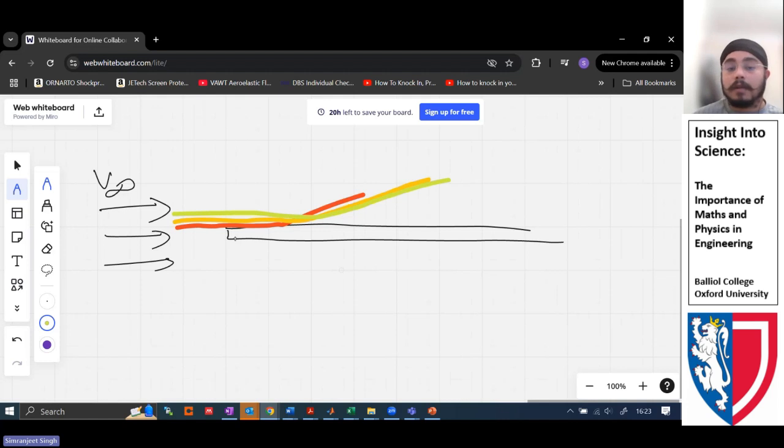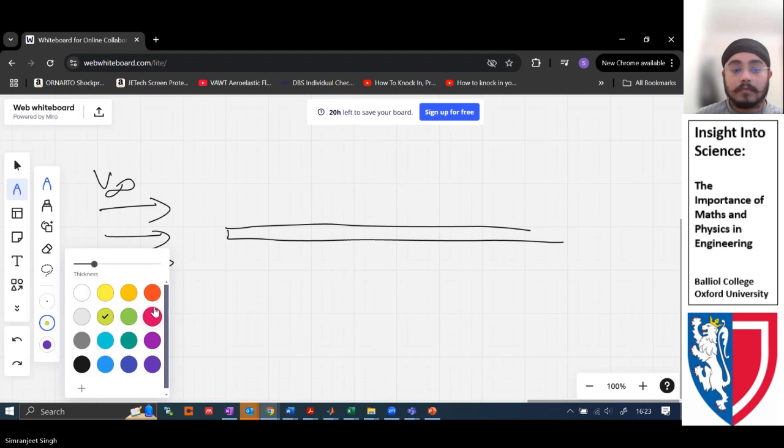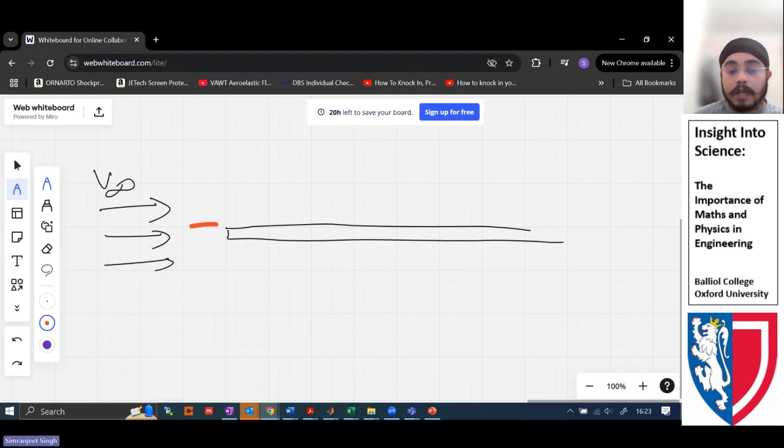What is happening here? If you just simply zoom in on that region between this and this, what is happening? When the layer of air comes across, it separates after a little while because of the friction effects happening between the first layer and the plate, or the surface at the interface.